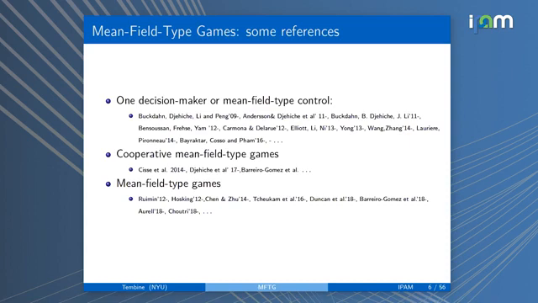So you can control the entire mass. Well, in mean-field games, you cannot control the entire mass because you are too small, right? A single agent is too small to control the mass in mean-field games, although in mean-field type control, a single agent can control the entire mass. That makes a difference, because the distribution depends on the control of the individual.